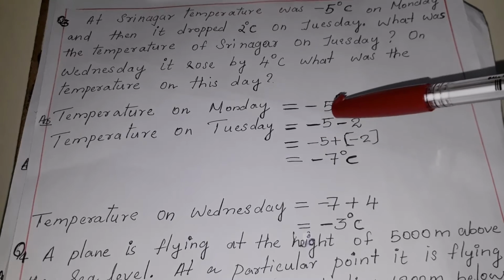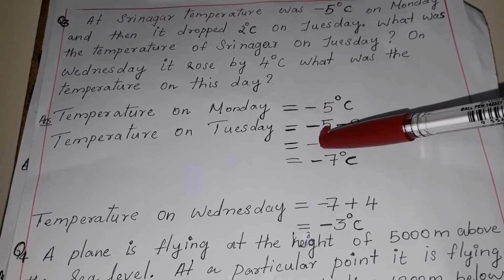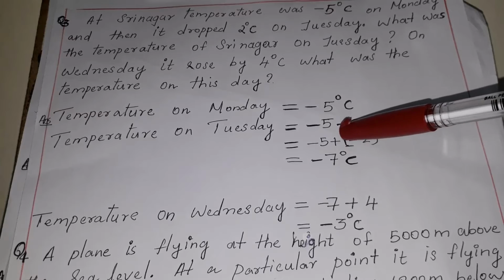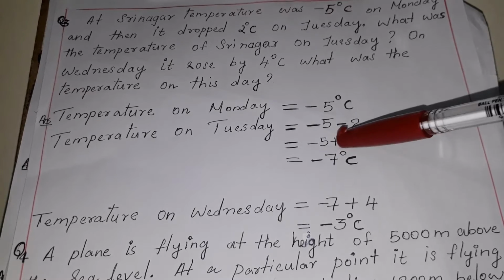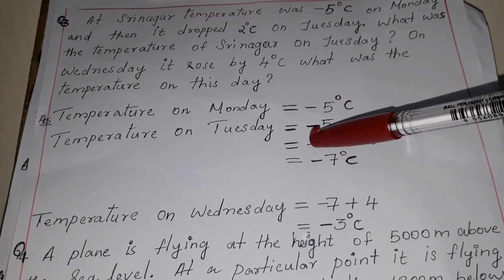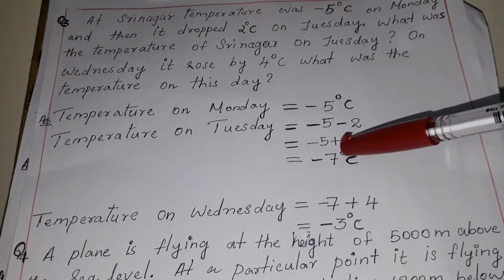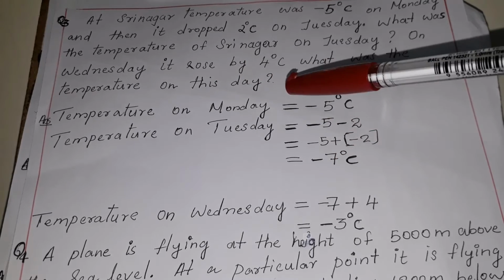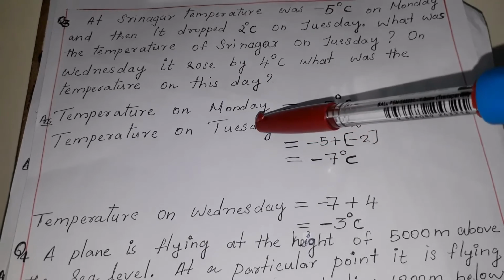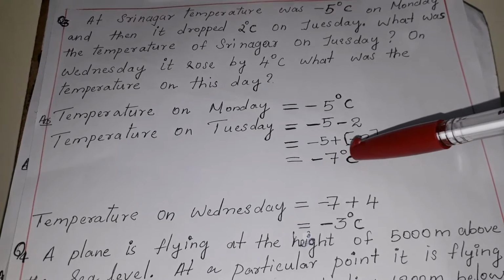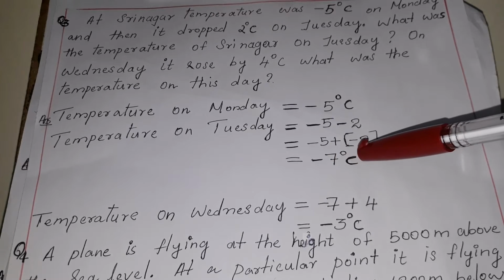We can write minus 5 plus minus 2. Minus 5 plus minus 2 is how much? Same sign, so we can add. So what is the temperature on Tuesday? It is minus 7 degrees Celsius.